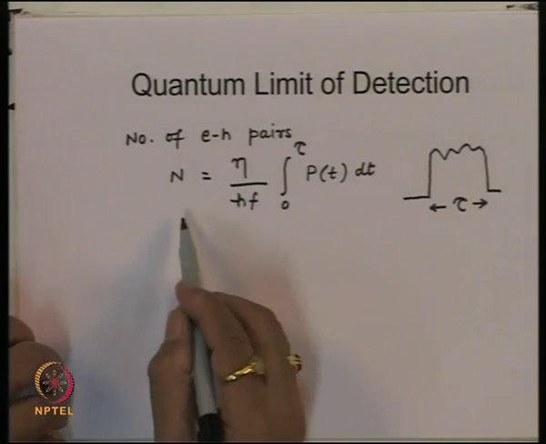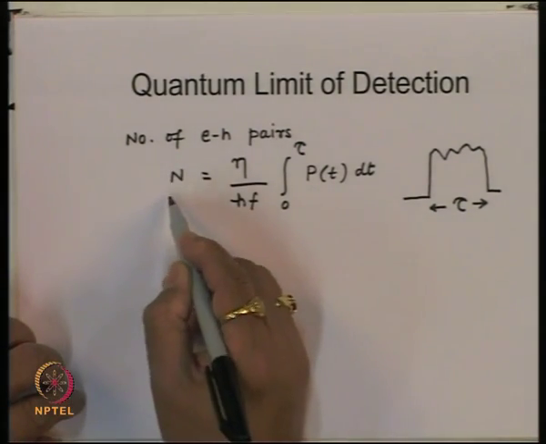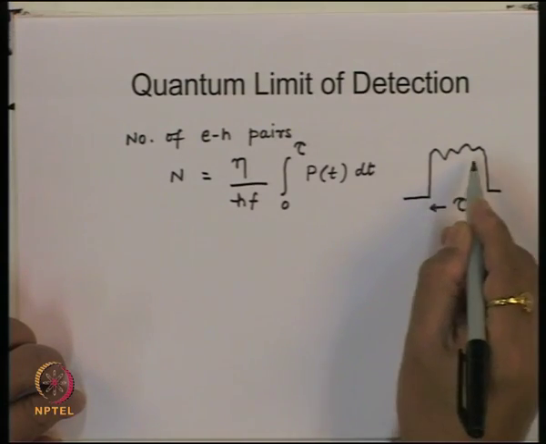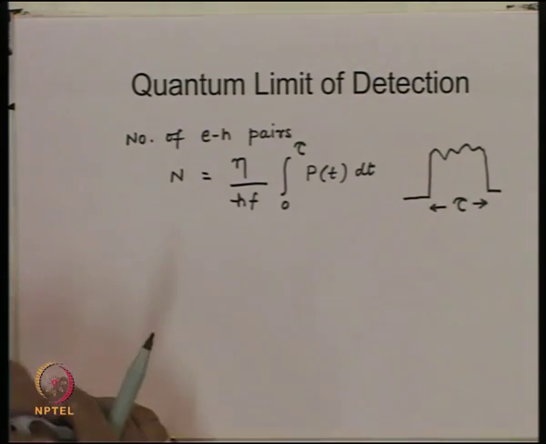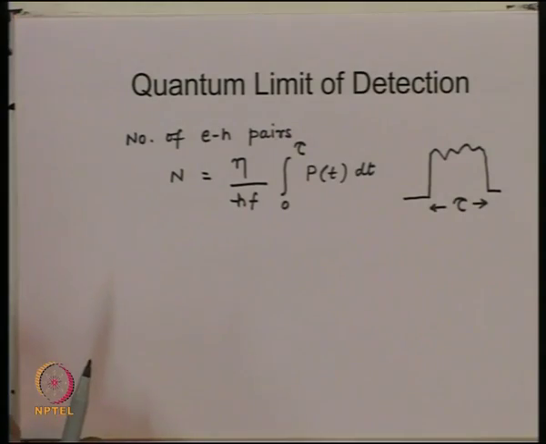Now, as we have seen, this quantity n is essentially telling you the average number of electron hole pairs which will be generated during this time. That is because the photon flux has random fluctuations. The photon arrival process itself is a statistical process. And as we have seen, this process is a Poisson process.